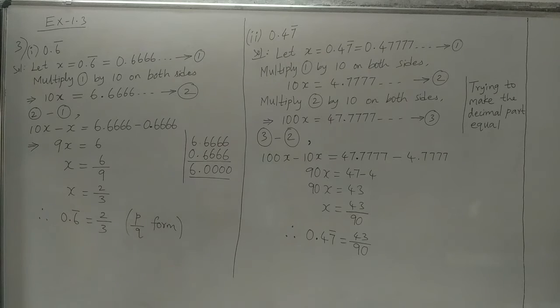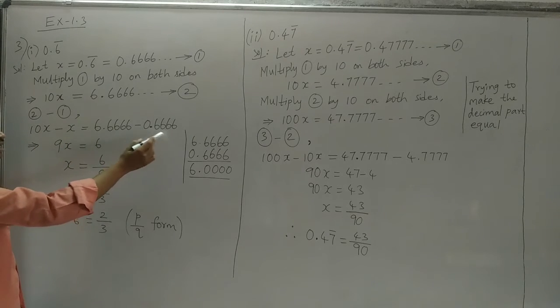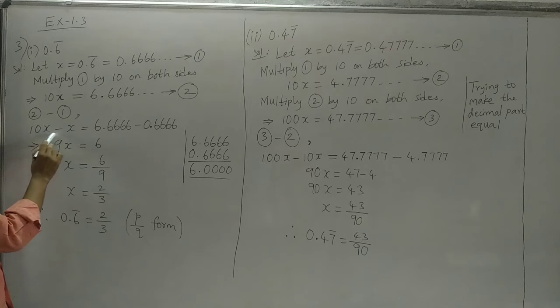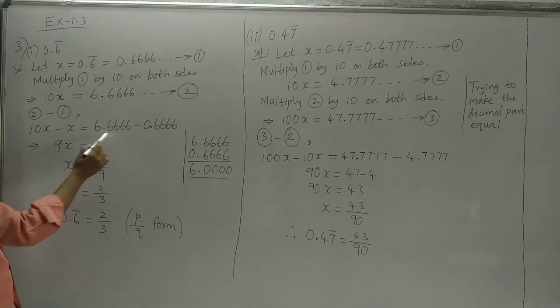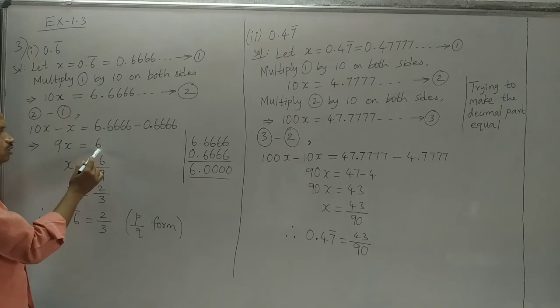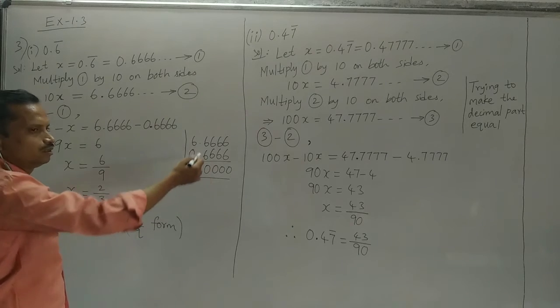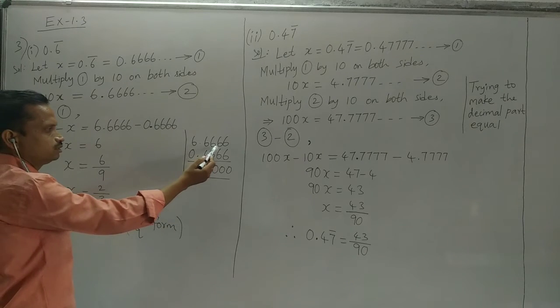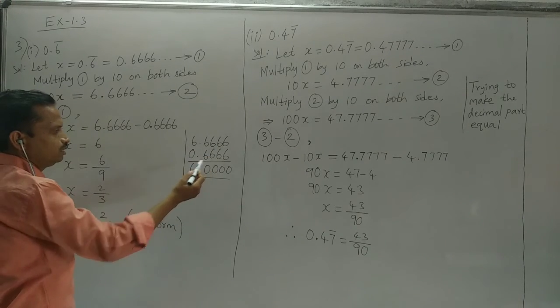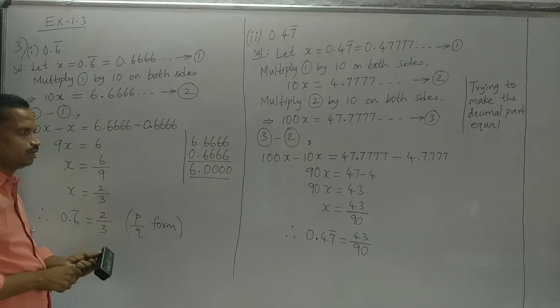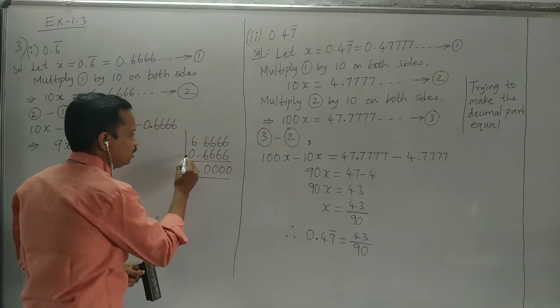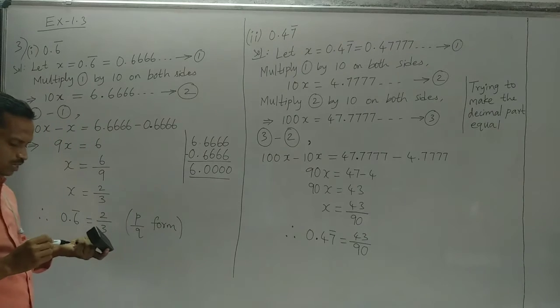Now subtract 1 from 2, that is equation 2 minus equation 1. Left hand side minus left hand side, right hand side minus right hand side. So 10x minus x, that becomes 9x. And here this becomes 6. You check it: 6.6666 minus 0.6666. What do you get? 6 only.